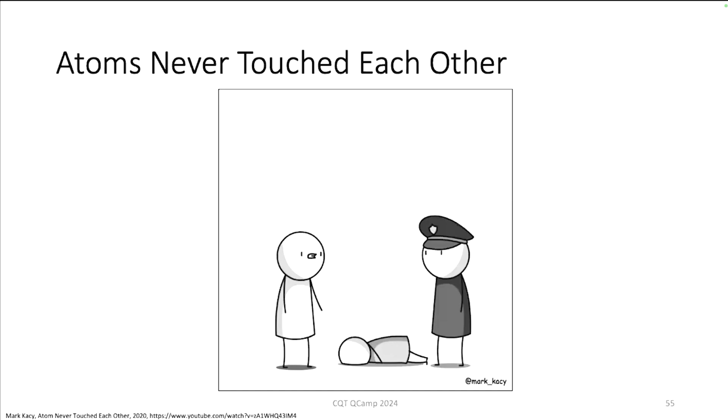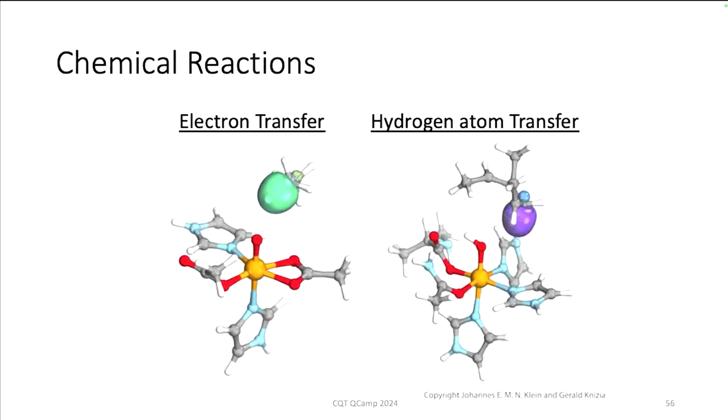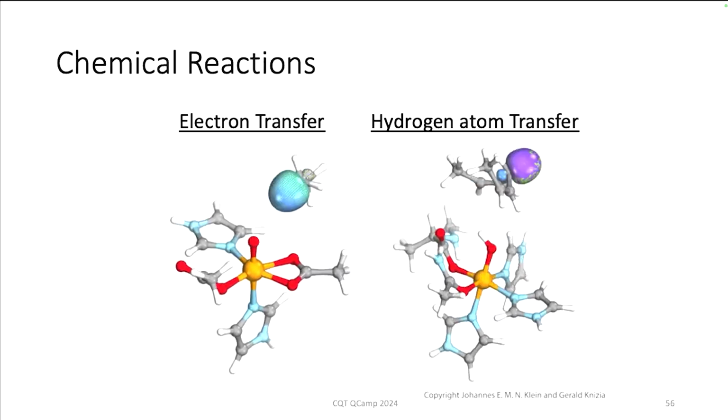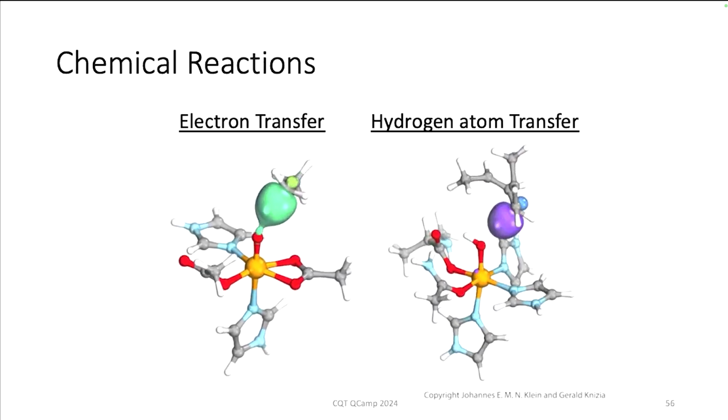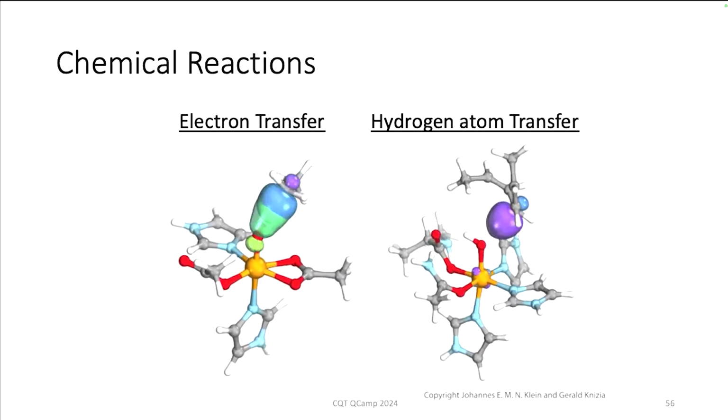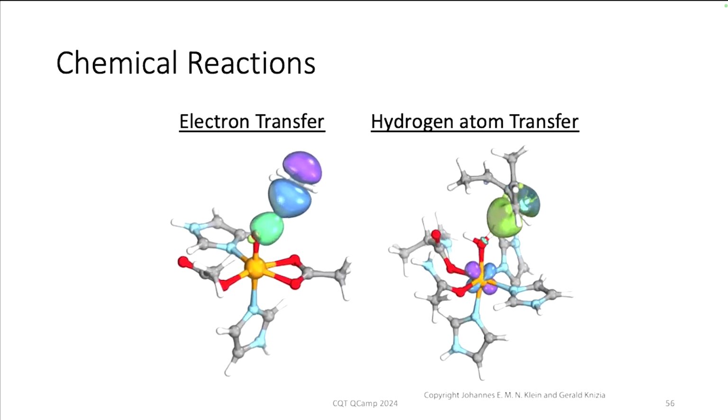Okay, so if you understand this, right, you can actually visualize interesting stuff. In chemistry, we do a lot of chemical reactions. And if you look at the wave function of this molecule during the reactions, you'll see something very, very cool.